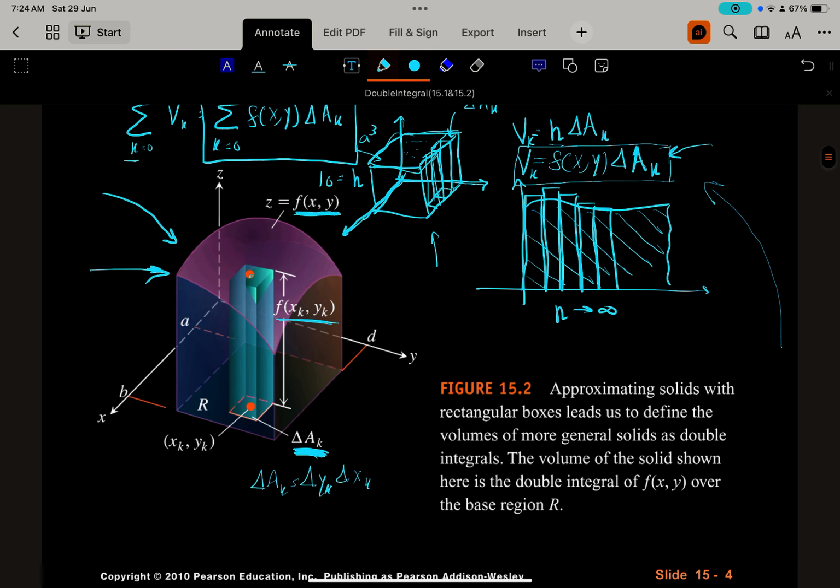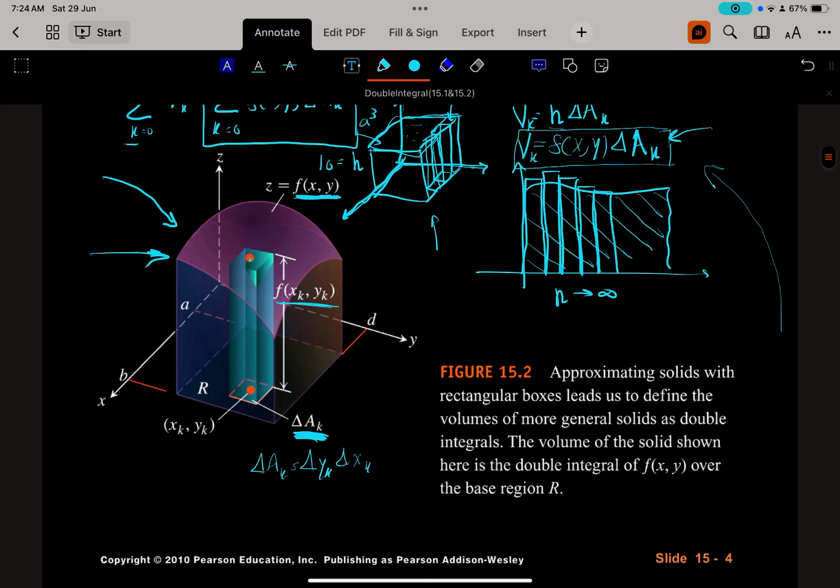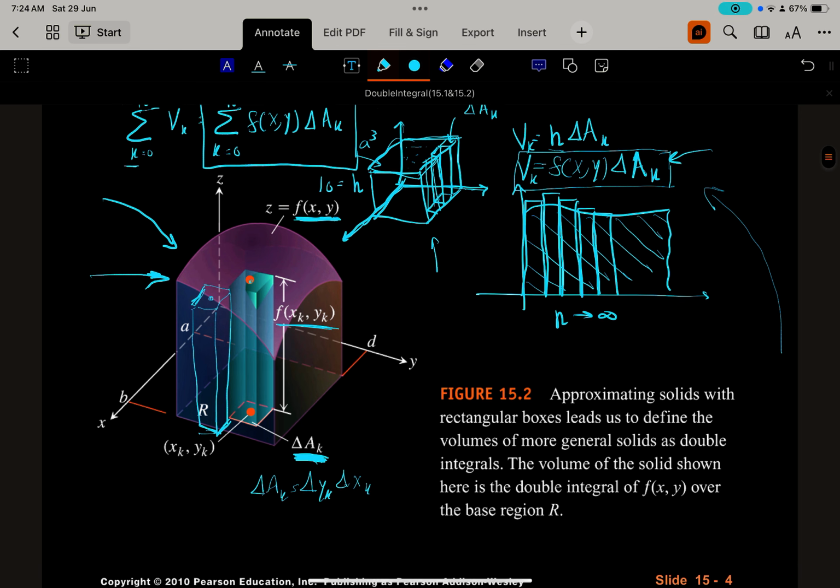Okay, and now we can do this also for other boxes. So if we draw a different box here near this, like this, go down, and now this is a different box. It will have a different value for f, and so it will have a different volume.